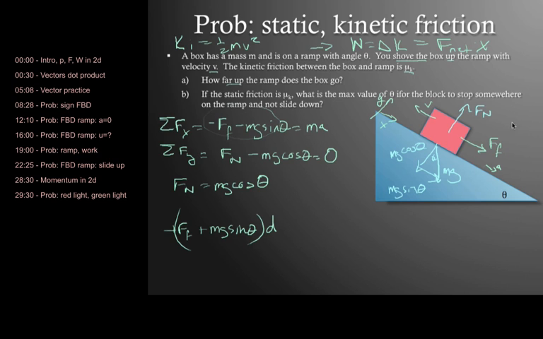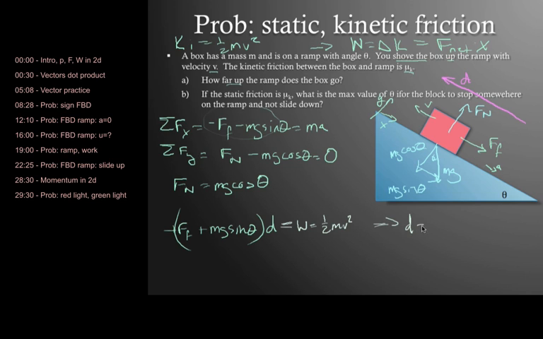Let's call this distance d. This force times distance has to be equal to the work, which is equal to 1/2 mv squared. What I really want to do is solve for this d.